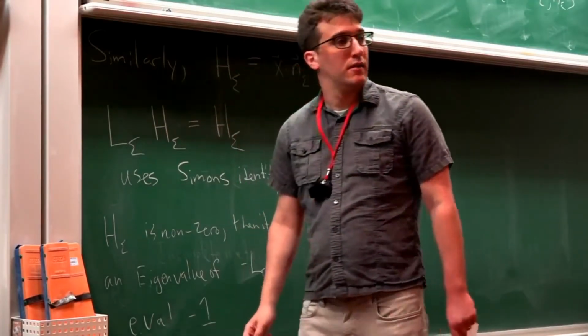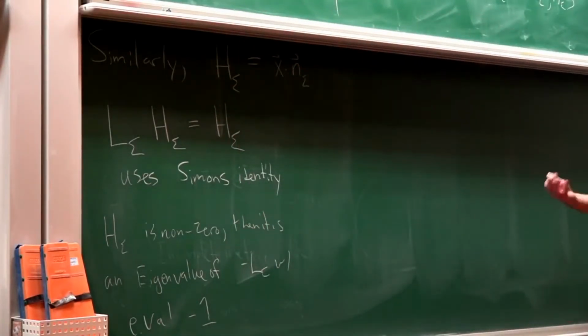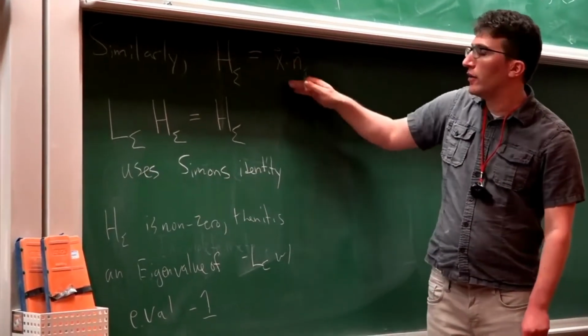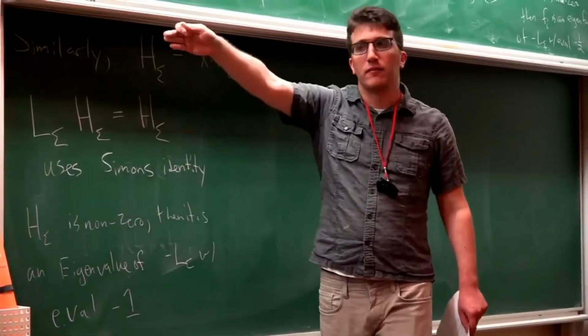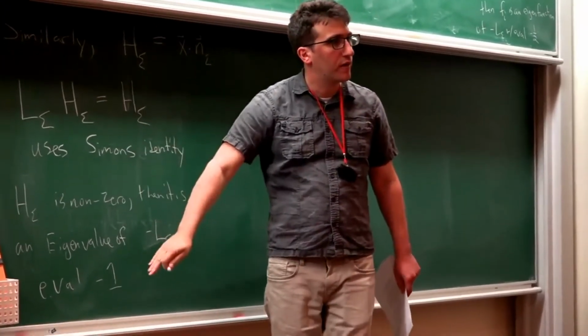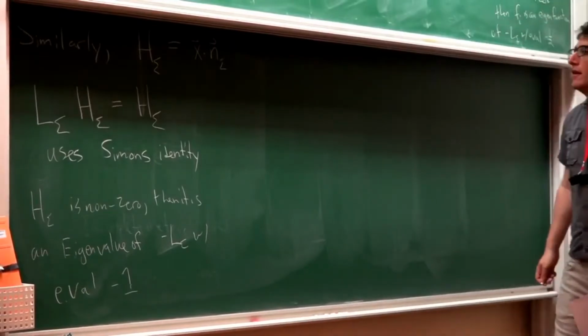Again, this is clear if it's compact. If it's non-compact, then by this identity you're growing at most linearly, so you're again in the weighted space. So it's also an eigenfunction in the non-compact case.